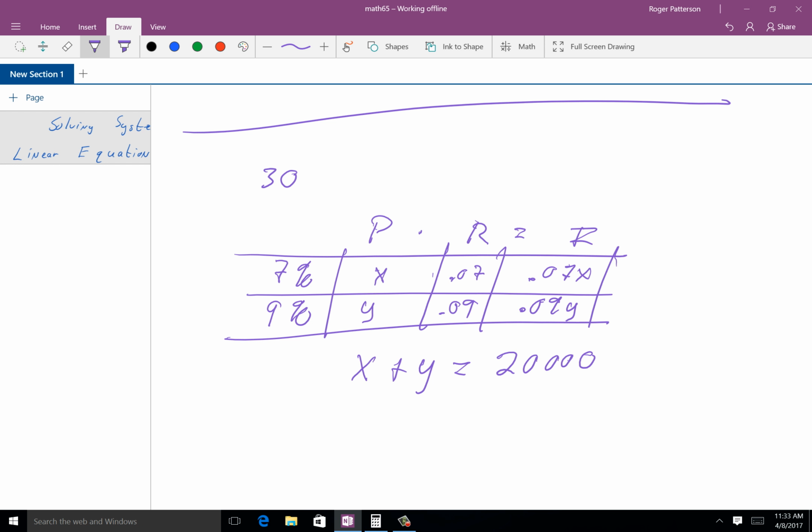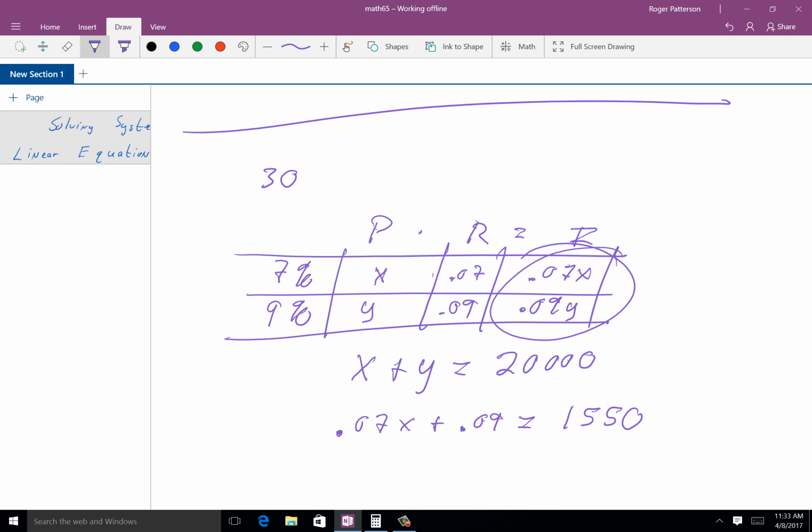Okay, so well, I'm going to take my interest that I get right here from these two, add them up, set it equal to 1550, and now I have two equations with two unknowns. And we can figure it out. We just have to figure out which way we want to do it.